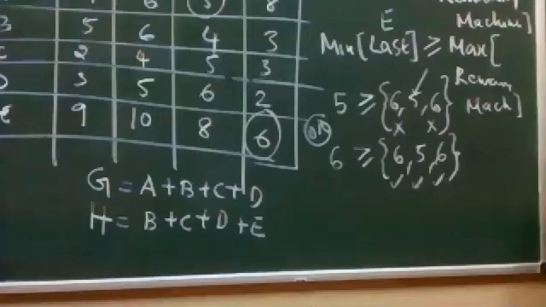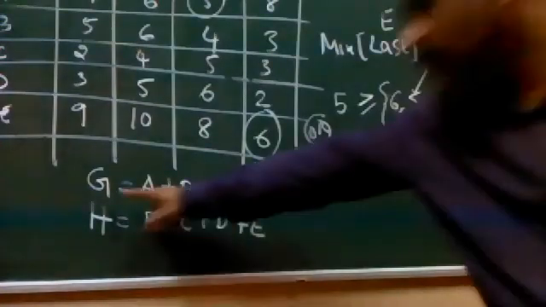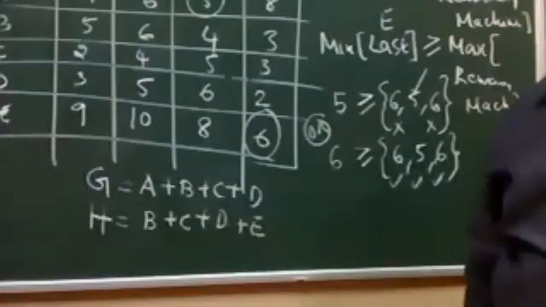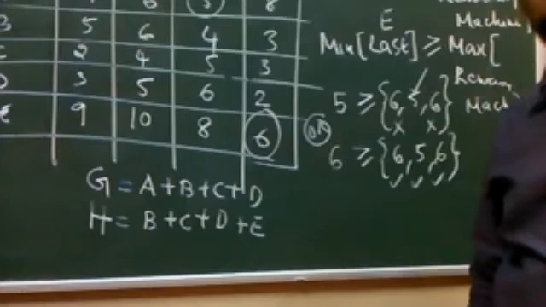I've written G is equal to A plus B plus C plus D and H is B plus C plus D plus E. How did I write this? Is there any logic or rationale behind this?